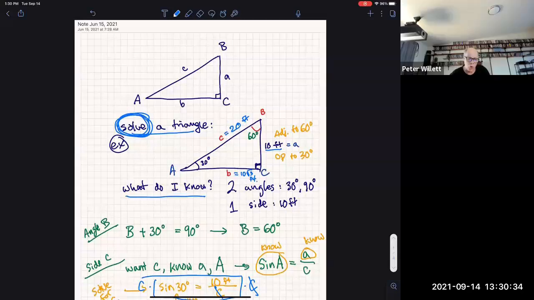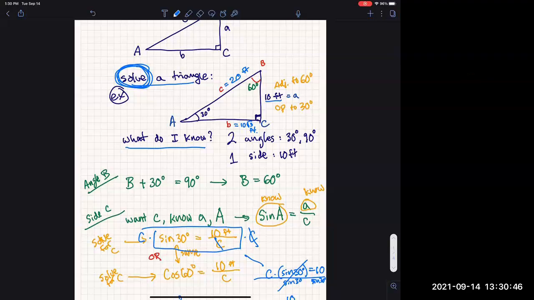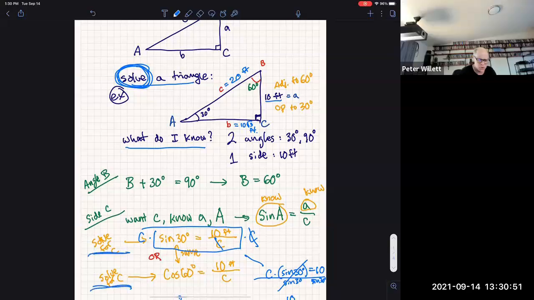Well, that was our goal for this problem, and we chose to use sine to do that. We could have also used cosine. As I pointed out down here, you could use sine or cosine. Here it was using sine, and this one would be using cosine. Either one would work because they're just a tool, and both of them would do the problem. They relate the sides together.